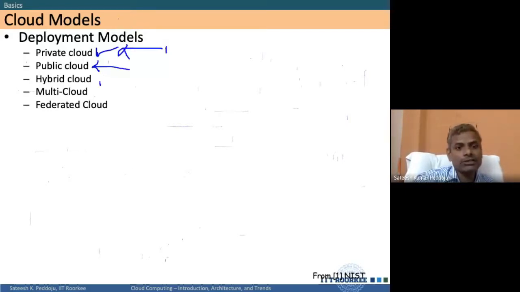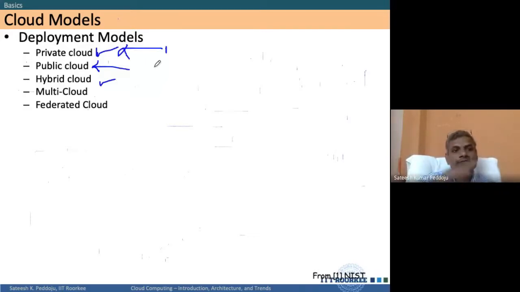And hybrid clouds are the combination of both, where suppose IIT Roorkee is having some cloud, at some point of time, they are getting exhausted with the resources. Probably they can have a tie-up with some AWS cloud or Azure cloud or Google cloud, with some other cloud partner, and they have a collaboration with them.